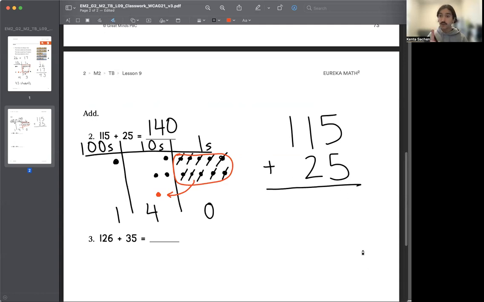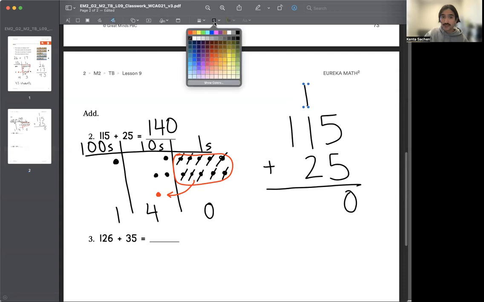Okay. So first we're going to do 5 plus 5. 5 plus 5 was 10, right? But instead of writing 10 here, we don't do that. We bring our 1, our 10 number, and move it up here, just like we did right here.